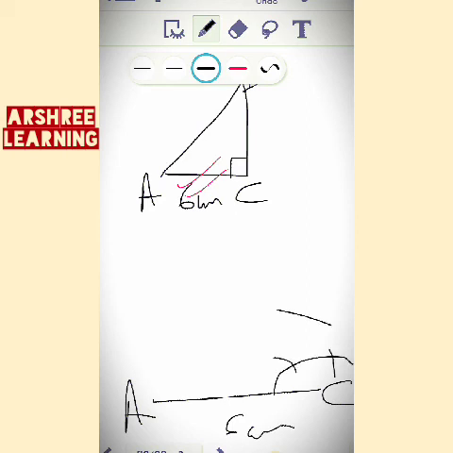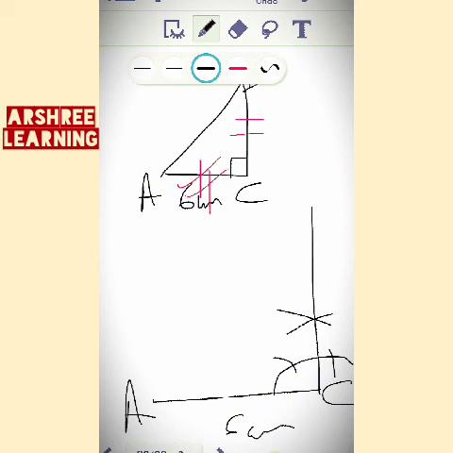When you construct 90 degree, the arcs will be made with the help of compass. After you have made this, now you can see the question says it is an isosceles right triangle. Isosceles right triangle means the length of two sides will be equal. So AC and BC will be equal.